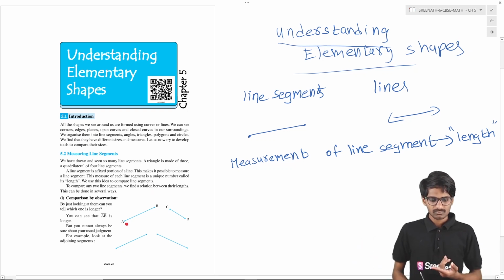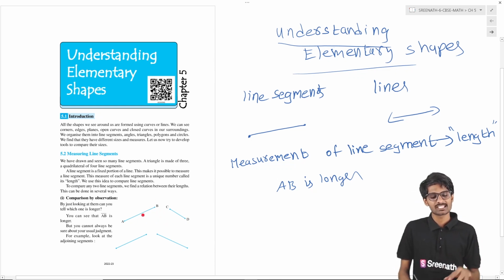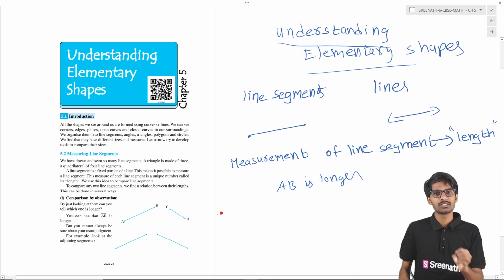If you see AB and CD, which line segment is longer? Obviously AB is longer. So by our eyes, by our observation, we can simply say that among these two line segments, AB is greater or longer.